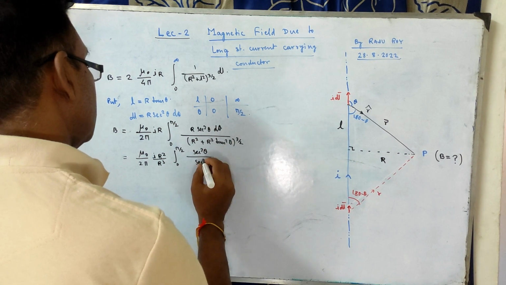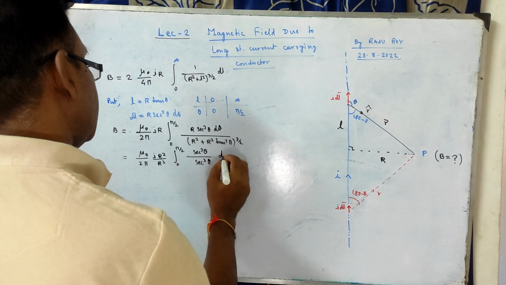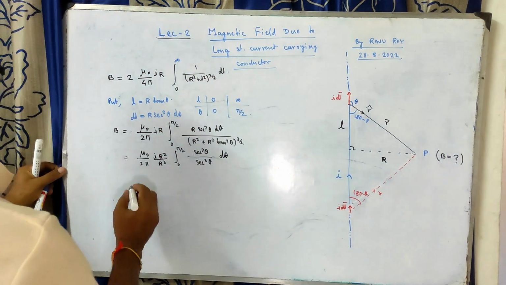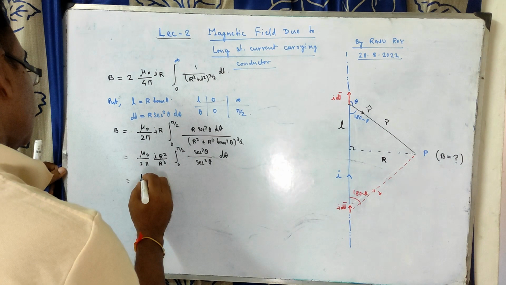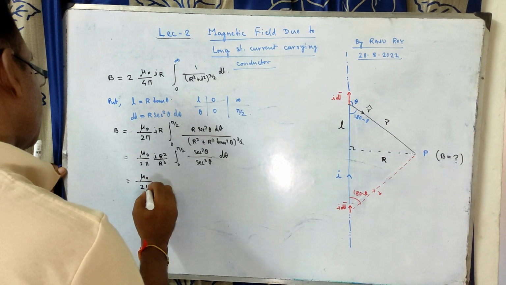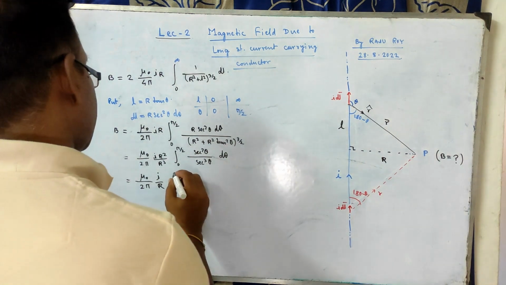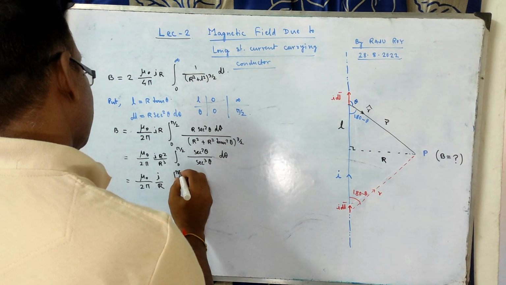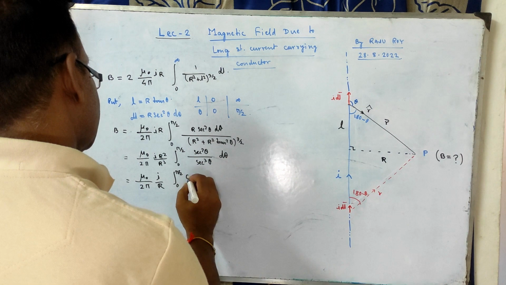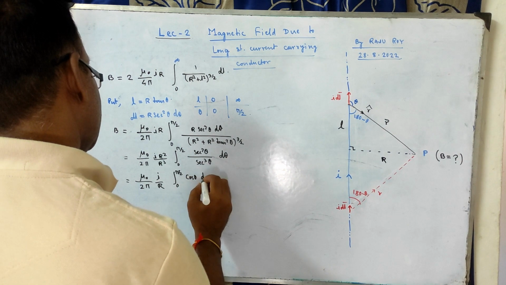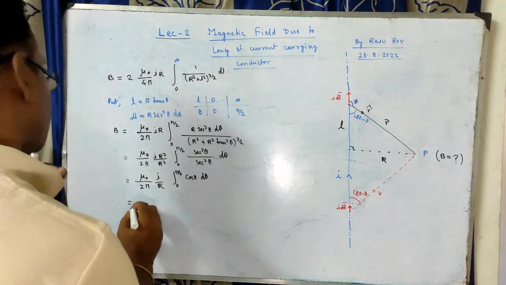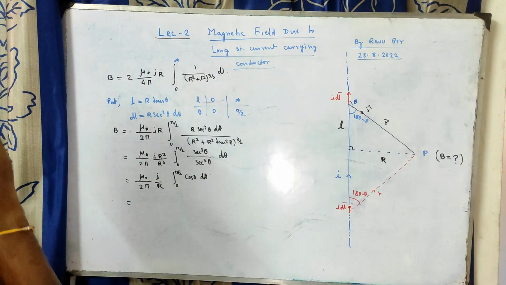So ultimately you will be getting secant cube theta d theta. Hope you know the integration. So this gives me mu 0 by 2 pi I by r, 0 to pi by 2, 1 by secant theta is nothing but cos theta d theta, right, okay, cos theta d theta.